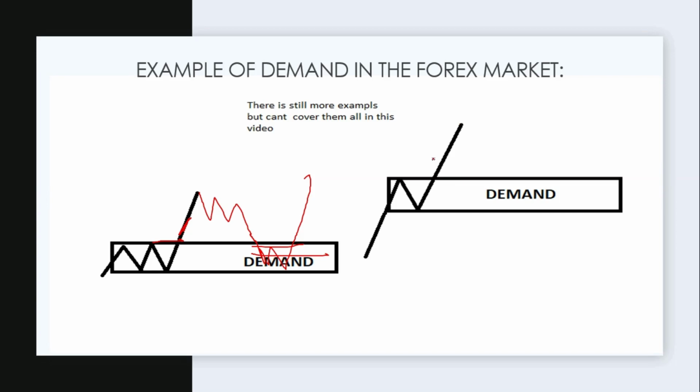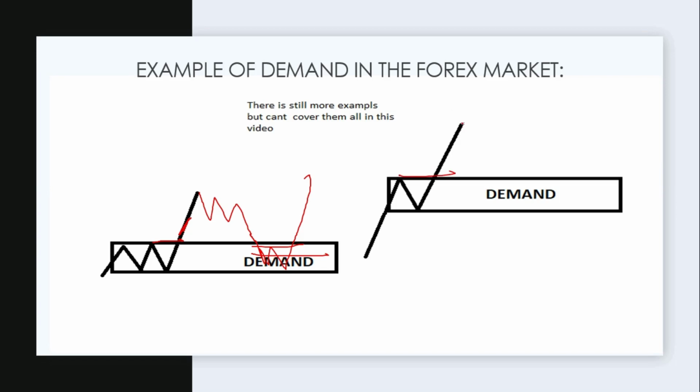So it is now the rally base rally. As I said, there are different types of forex demands, but I can't cover them all in this one video, so I'll make a video about that, inshallah. So the market will come, there's a break of structure here.